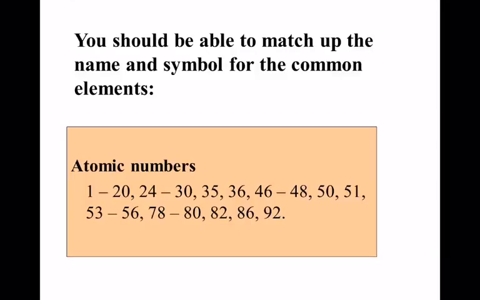So remember this slide we talked about on Friday: you need to memorize the name and the symbol. For instance, if we pick number 56, I brought my periodic table.